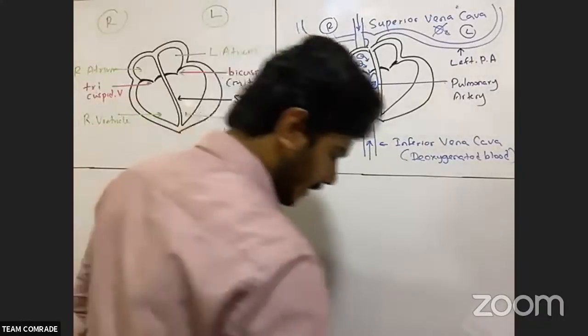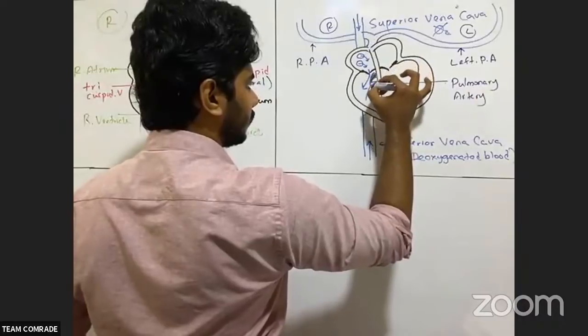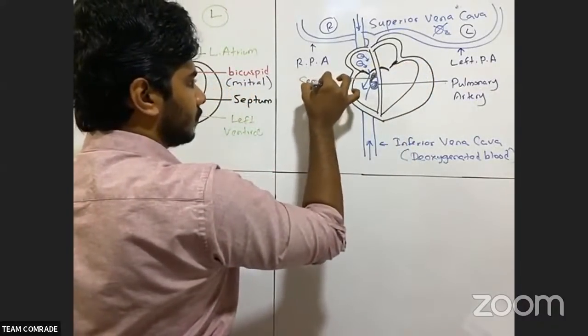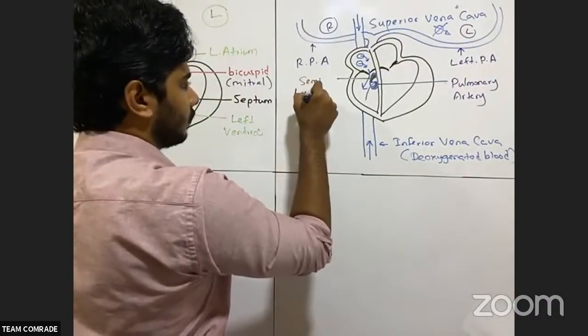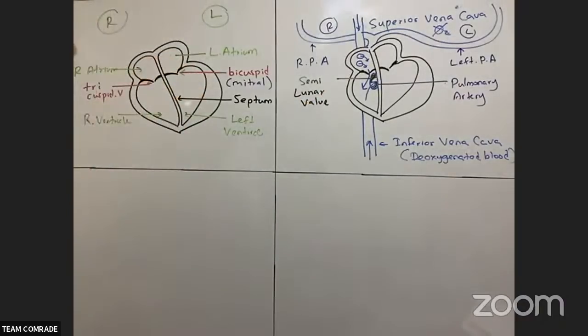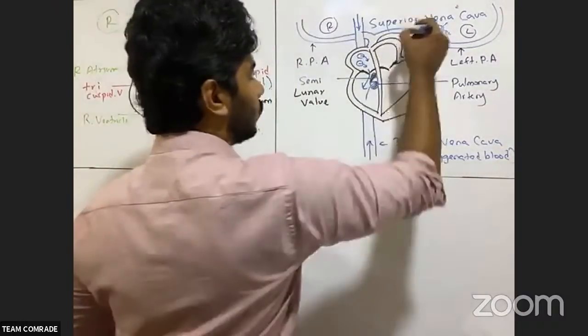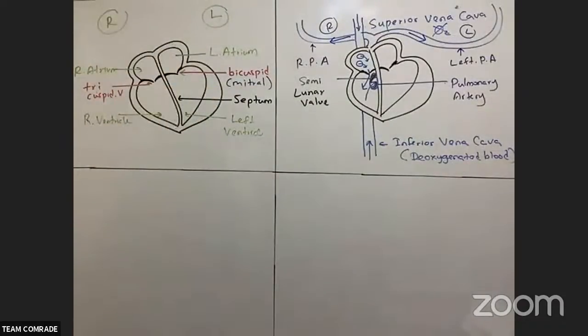And here we have semilunar valves. Semilunar valve, right? From here, the blood is going towards the lungs. That is clear, no?